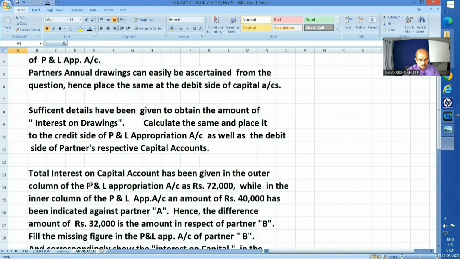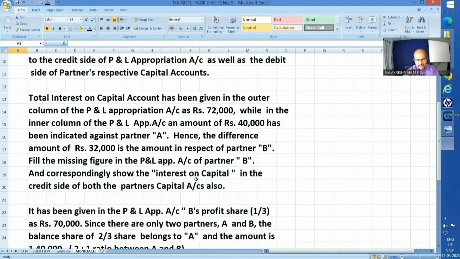Next. Total interest on capital has been given in the outer column of the P&L appropriation account as 72,000, while in the inner column, an amount of rupees 40,000 has been indicated against partner A. Hence, the difference amount of 32,000 is the amount in respect of partner B. Okay. Fill the missing figure.